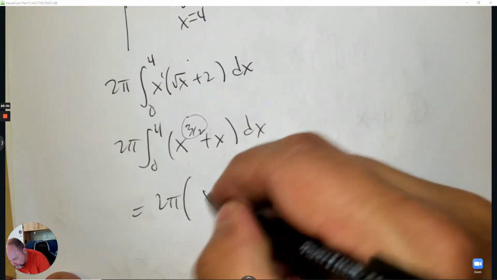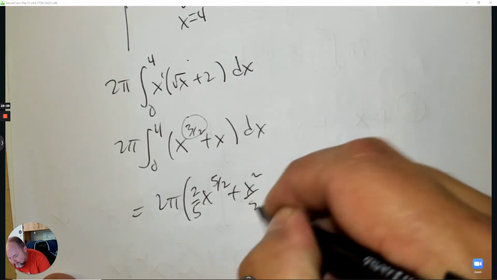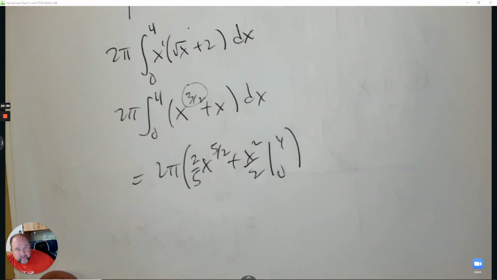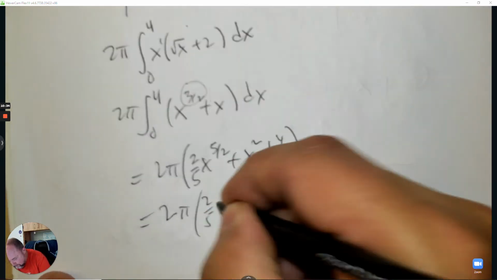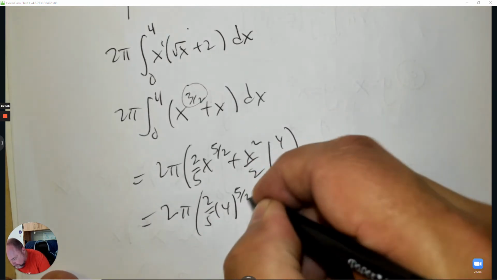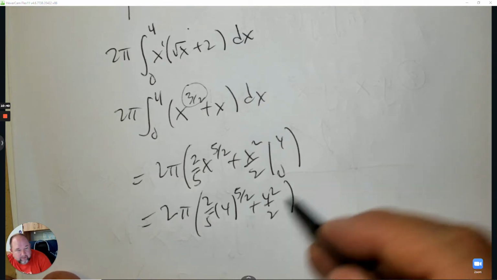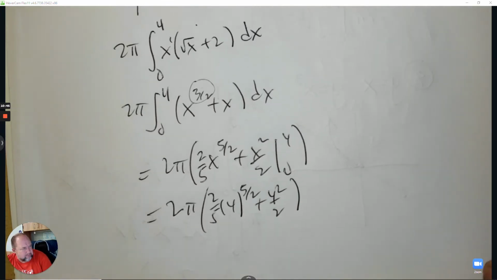Add 1, and then the reciprocal from 0 to 4. And then we plug in 4. And then when you plug in 0, it's 0. So there's your answer. If you simplify it, it's 288 pi over 5, but perfect.